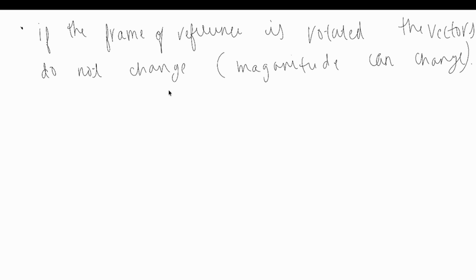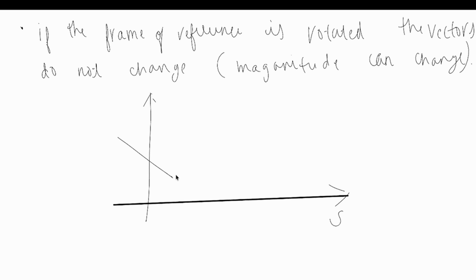So what I mean is that, let me draw a vector. If it is rotated, let me call this O and this O dash, and this becomes vector S dash. So it's a moving frame.